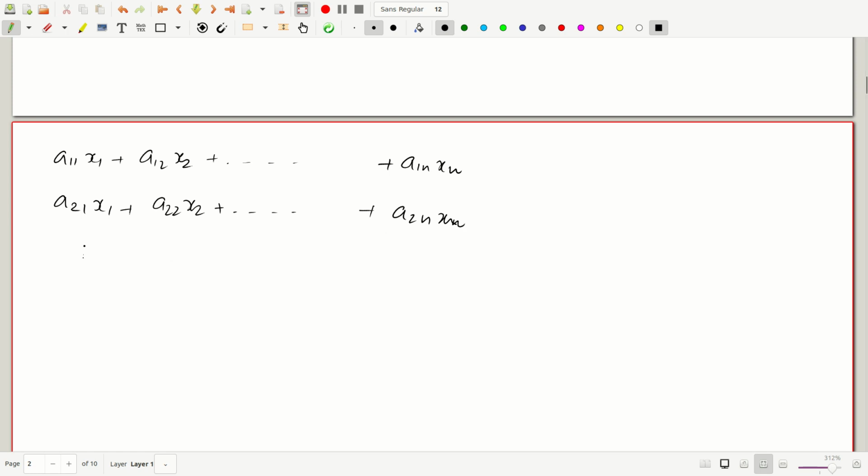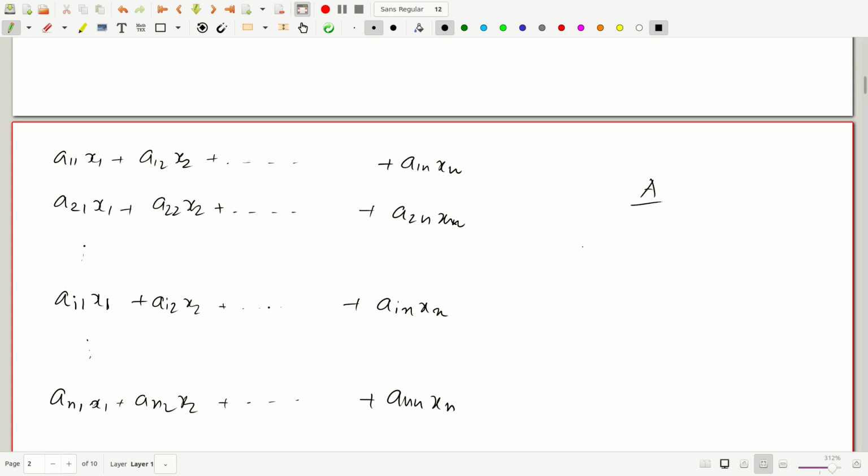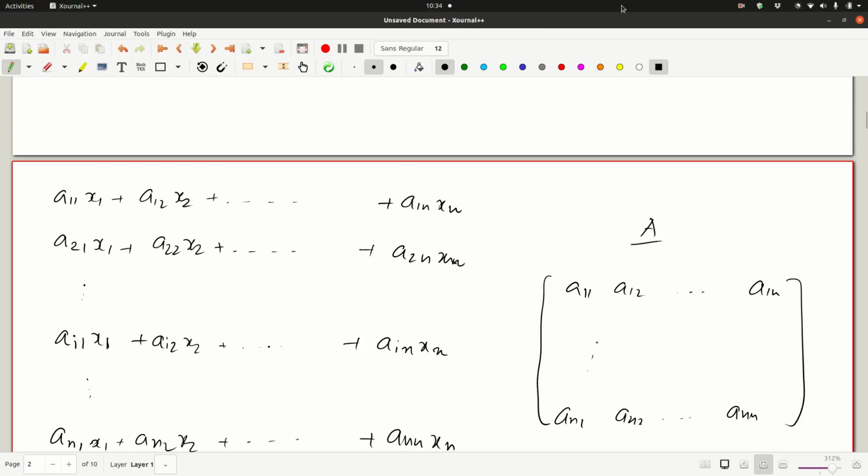And then if we take some ith equation, that will be Ai1 x1 plus Ai2 x2 plus all the way to Ain xn, and then the nth equation would read An1 x1 plus An2 x2 plus all the way to Ann xn. Right, so that means our A matrix has coefficients A11, A12 all the way to A1n, and then An1, An2, and all the way to Ann. Okay, so that is the system that we're working with here.